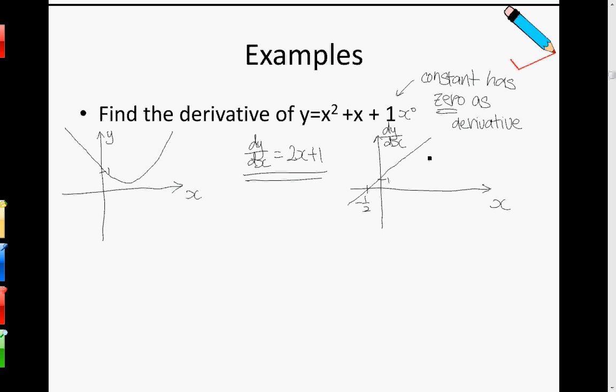So this is our gradient function, dy dx equals to 2x plus 1. So that's all, very simple. If you want to find the gradient at any point over here, we just have to get the x coordinate and find the value over here using the same corresponding x coordinate, and we will be able to get the gradient just by reading off this graph.